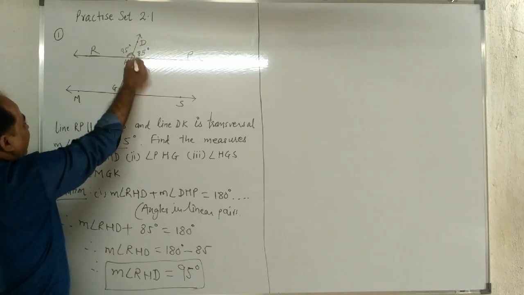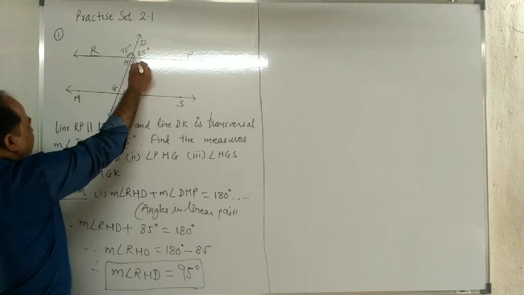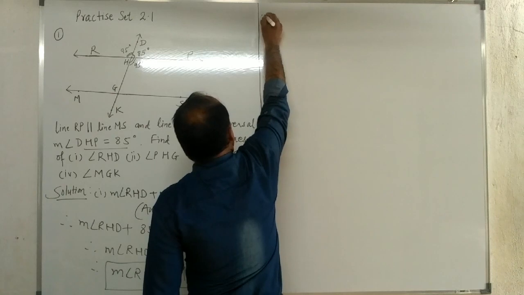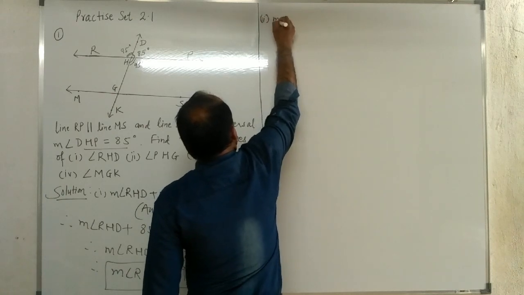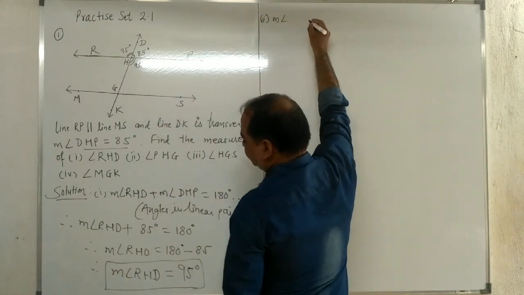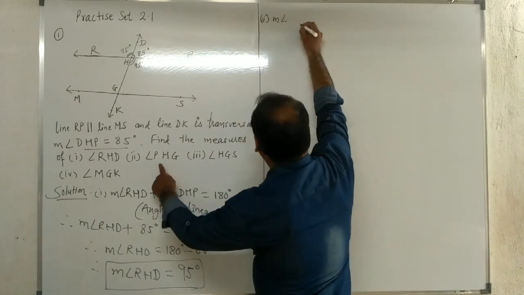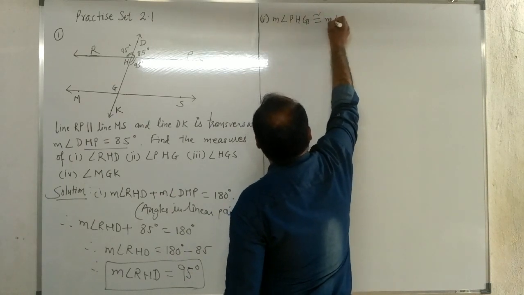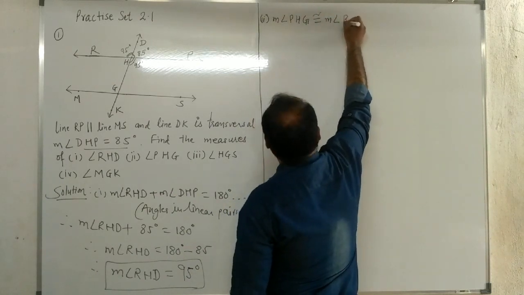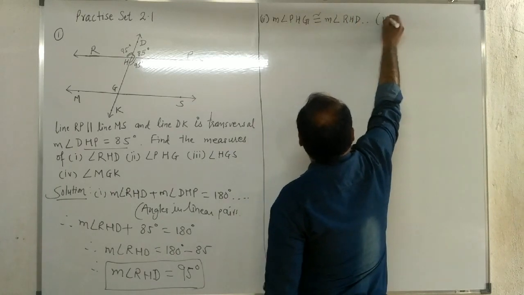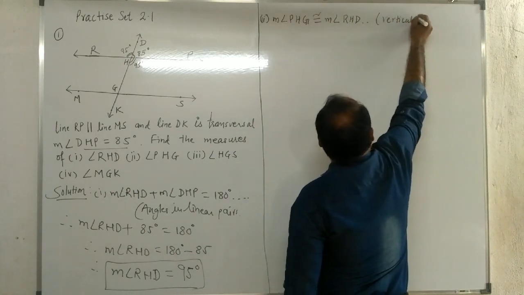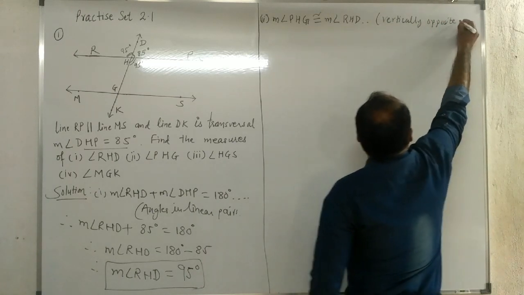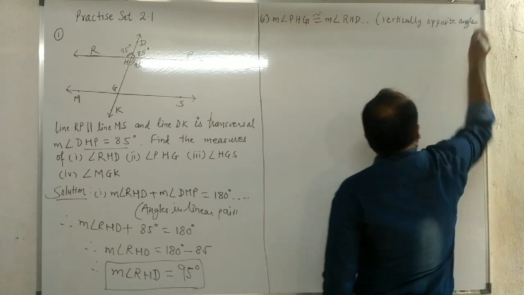RHD is 95, so therefore PHG is also 95 degrees. So measure angle PHG is congruent to measure angle RHD, because vertically opposite angles are congruent.